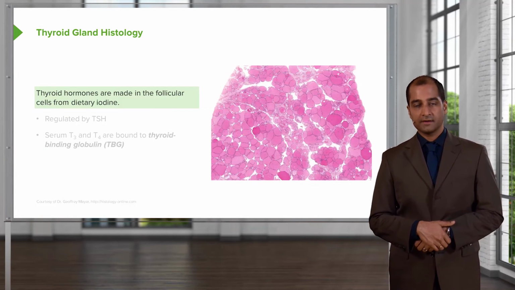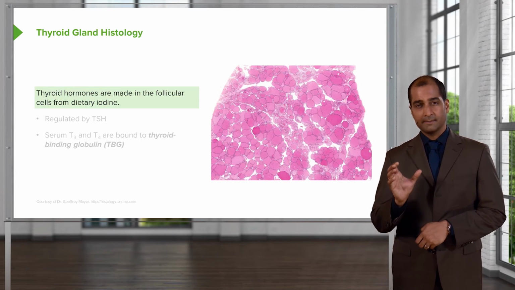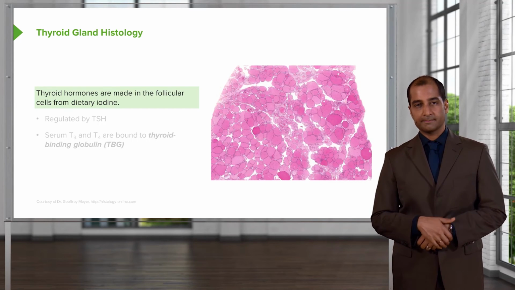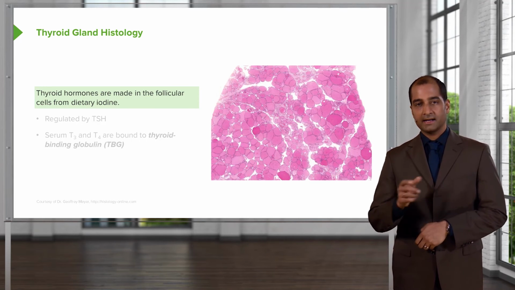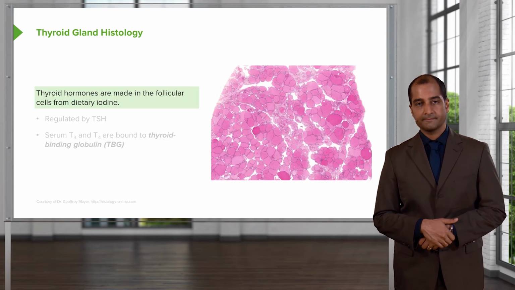The thyroid gland itself and its histology. What you're seeing in the image is the middle area that is homogeneously eosinophilic and pinkish, then surrounded by a boundary of what's known as your follicular epithelial cells.